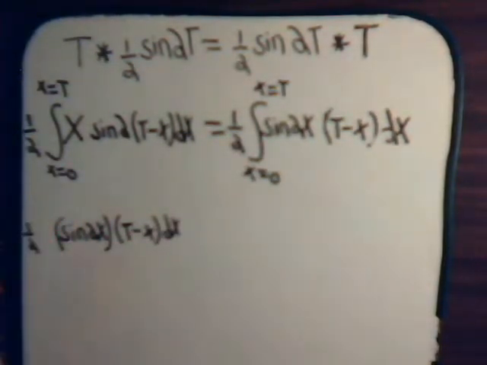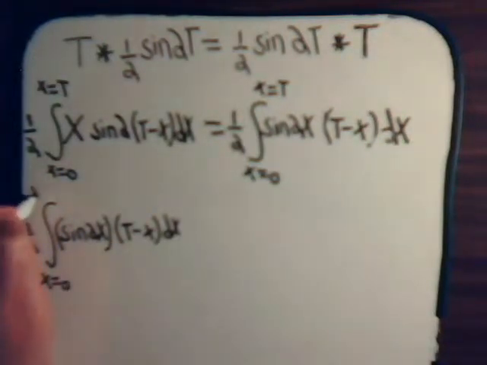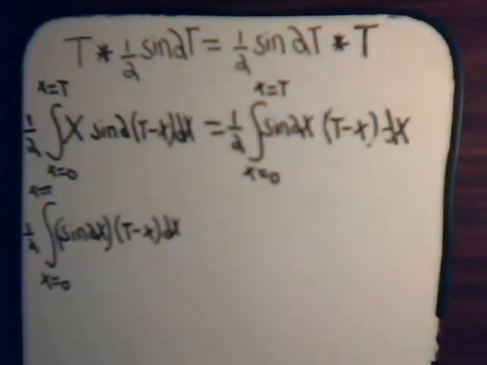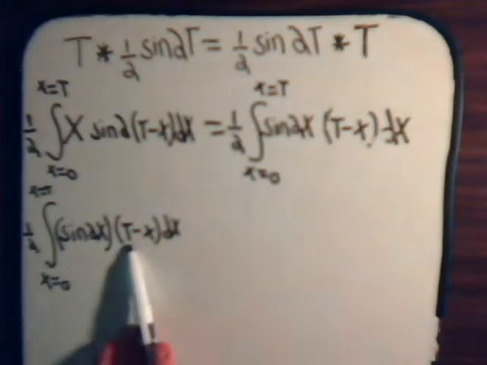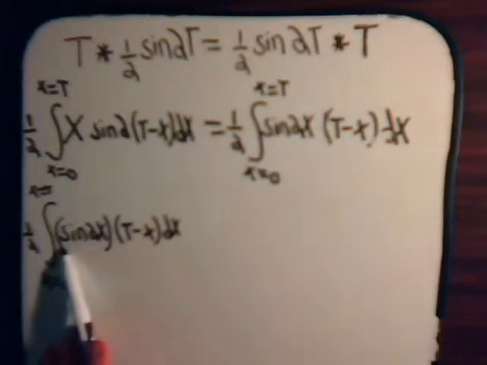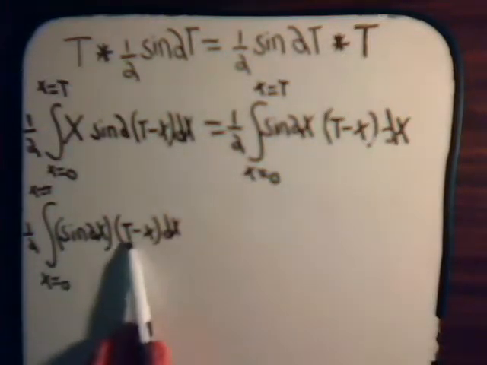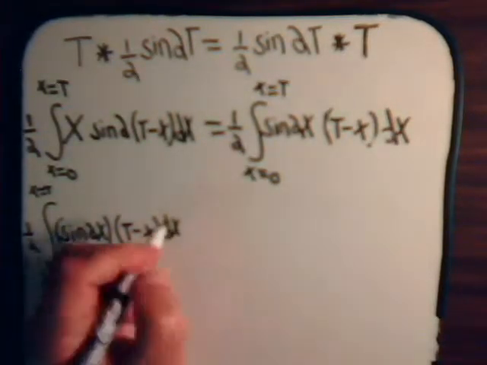Let's make this bigger. x goes from 0 to t. So this would be t times the sine of 2x, but t is treated like a constant, so it can go to the outside.